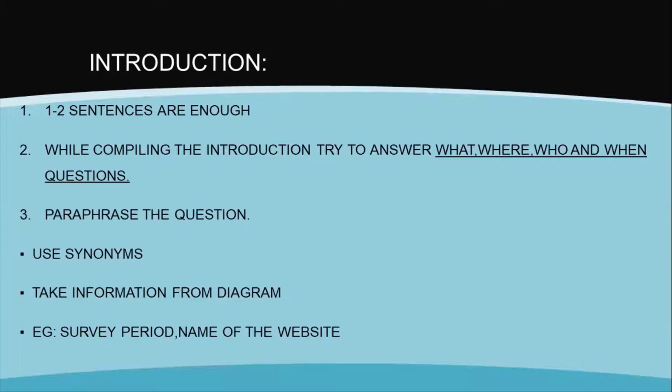You can replace the generic word with the real names of the websites. In such a way you can paraphrase the question.